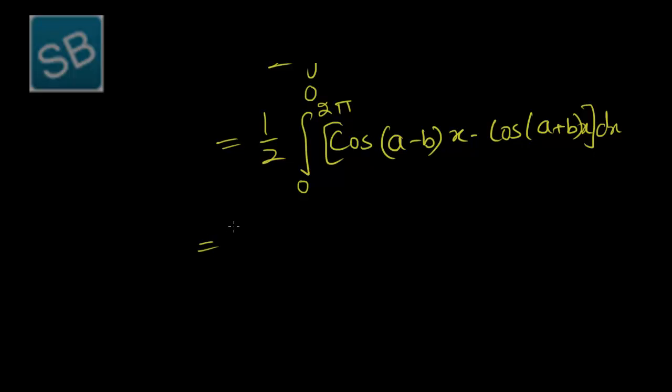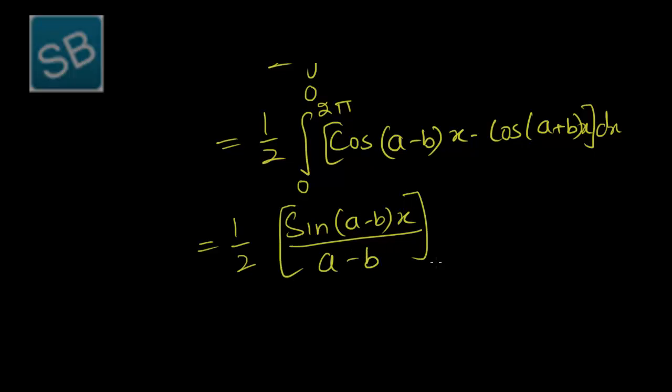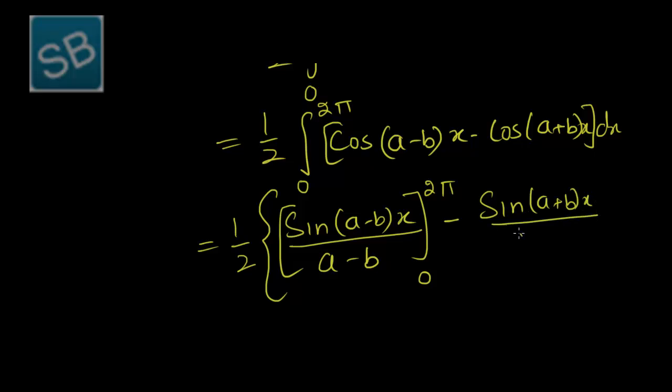So we get half, the integration of cos is sin (a minus b)x over the differentiation of a minus bx, which is a minus b, varying from 0 to 2 pi, minus sine of (a plus b)x over the differentiation of a plus bx, which is a plus b, range 0 to 2 pi.